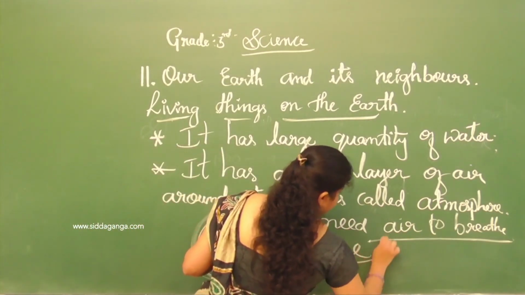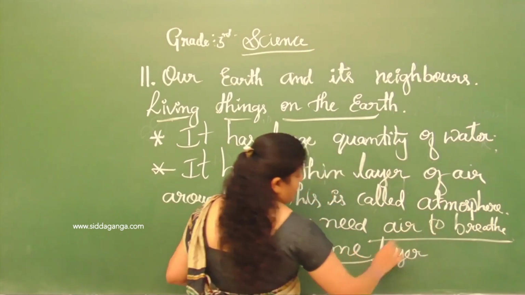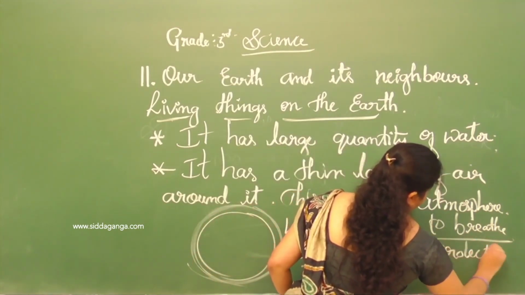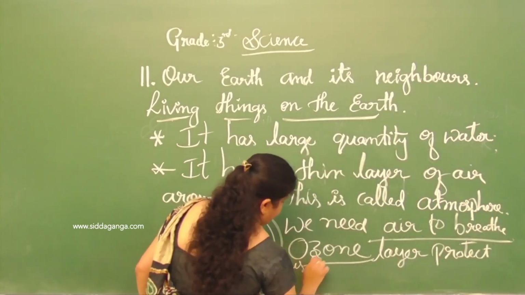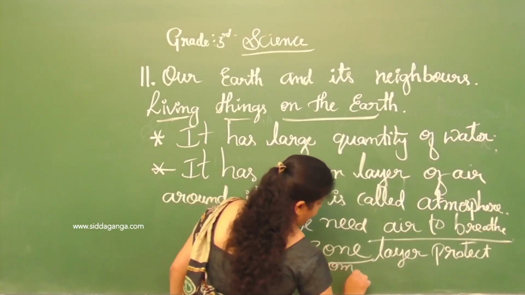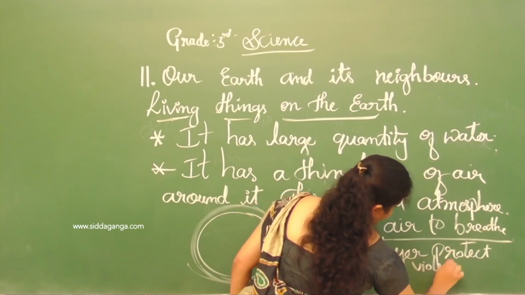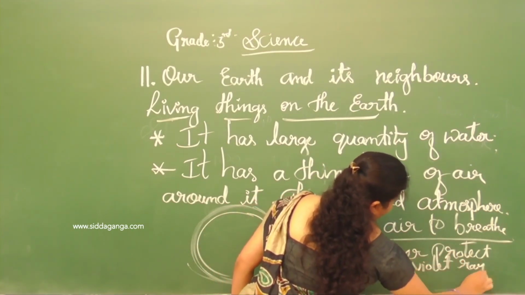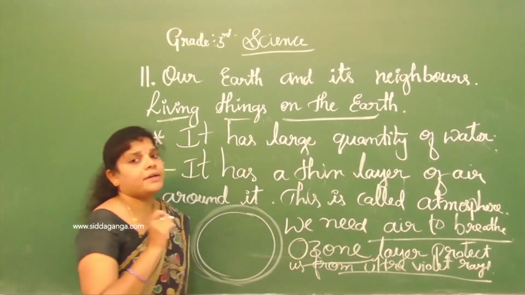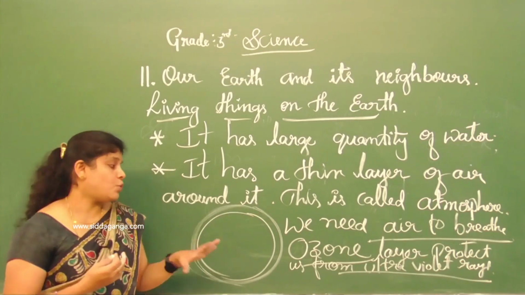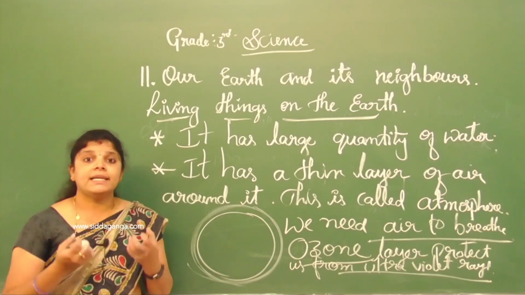See, this ozone layer protects us from ultraviolet rays. Yes, see, these ultraviolet rays are very dangerous. Why? Because they cause cancer. So ultraviolet rays cause deadly cancer.